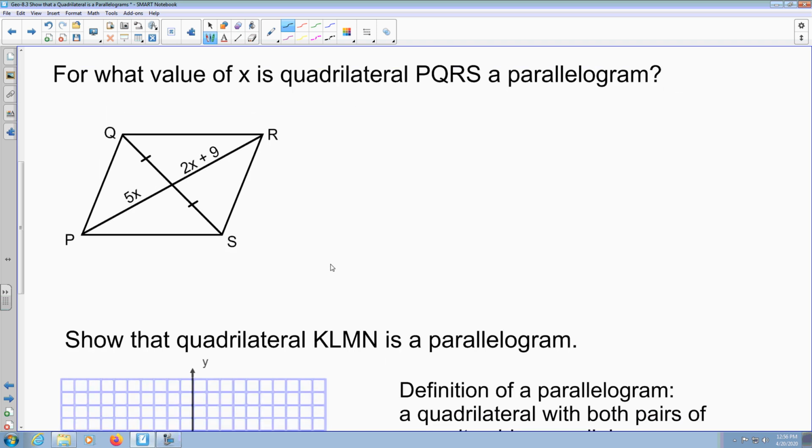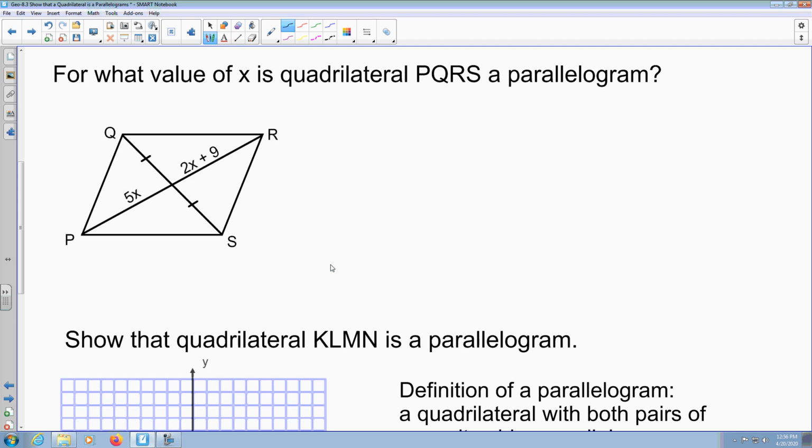Here they want you to find the value of x, and it says that the quadrilateral is a parallelogram. So what it tells us in the directions is that it possesses all the characteristics of a parallelogram that'll help us solve the problem. In theorem 8.10, they said that the diagonals bisect.